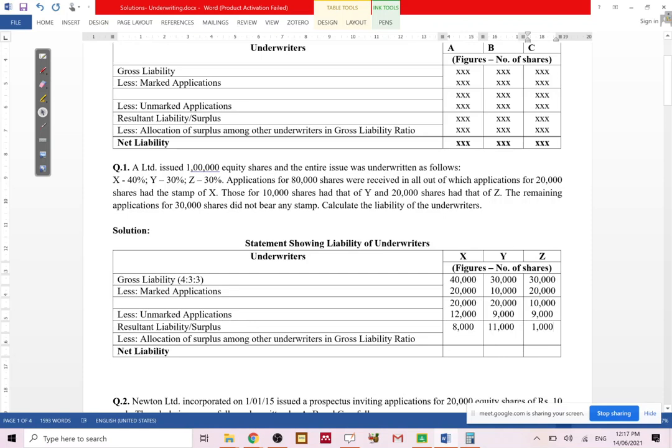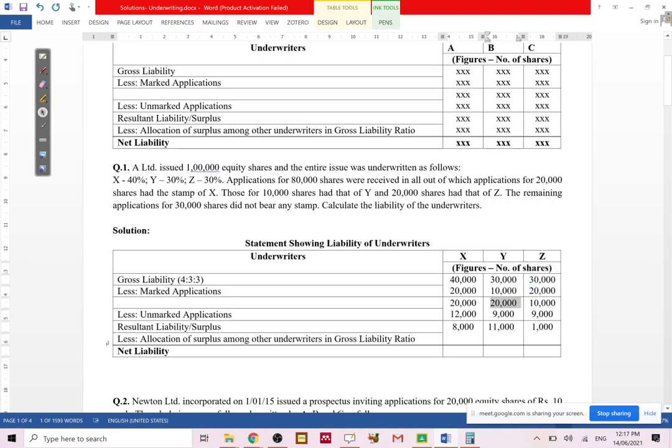So this is either the resultant liability or the surplus. Now if there is a surplus, what does surplus mean? Whenever there is a negative figure over here, that is if the unmarked applications are greater than this amount, you will get a negative figure here.